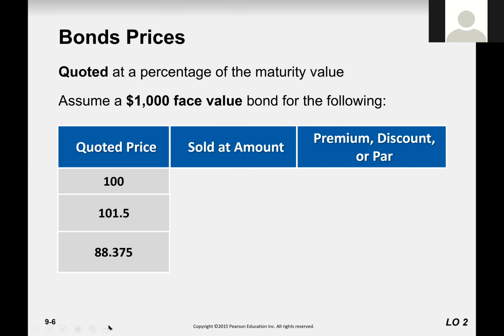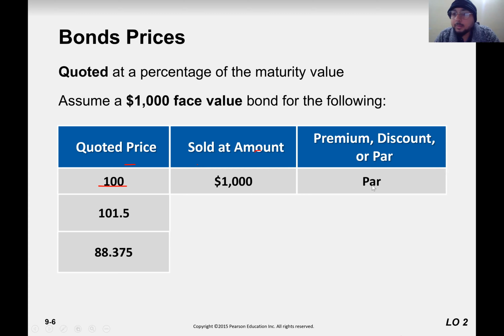Okay. Now look at that bond. Bond prices are quoted at 100, and from 100 you can just talk about that. 100 means the bond is selling at 1,000, and this is called par. So what do we mean by par?